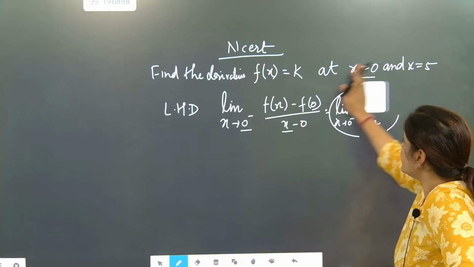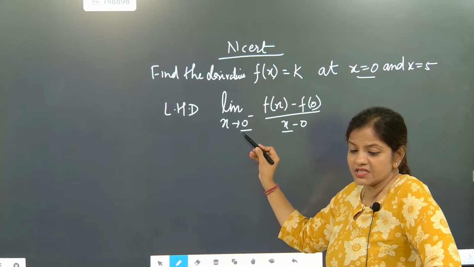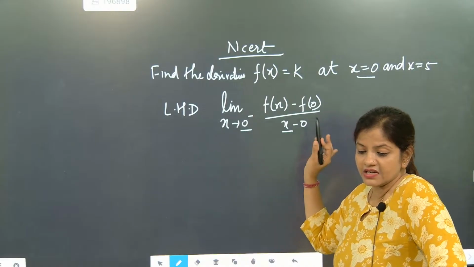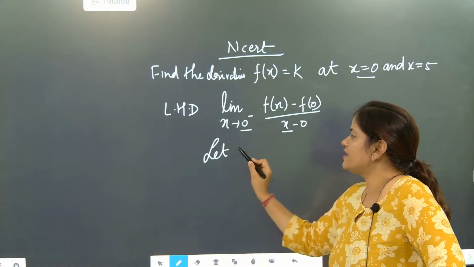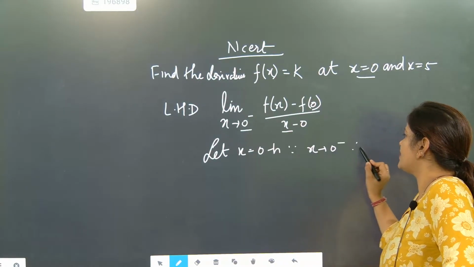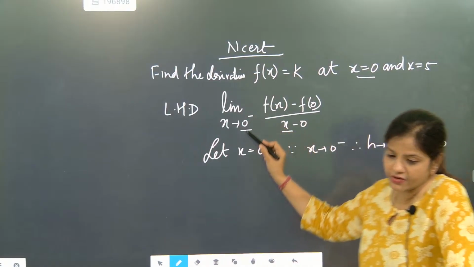No. It is saying that whenever 0 minus or plus is there, it is exactly showing the left hand section. You cannot shift the left hand section and directly write the answer. First you have to write let x is equal to 0 minus h. Since x tends to 0 minus, therefore h tends to 0 for all h greater than 0. This is the correct format.